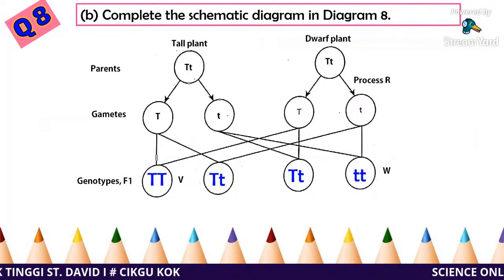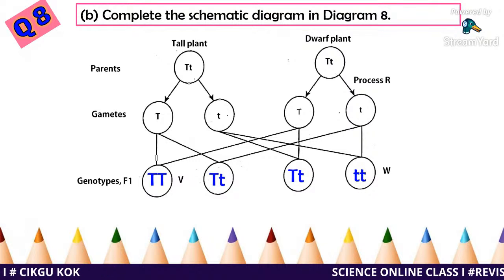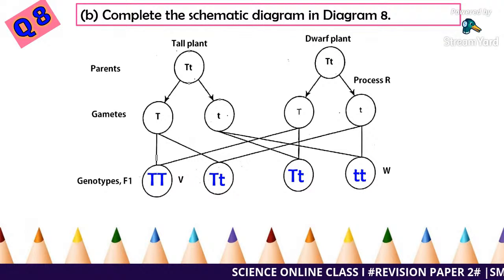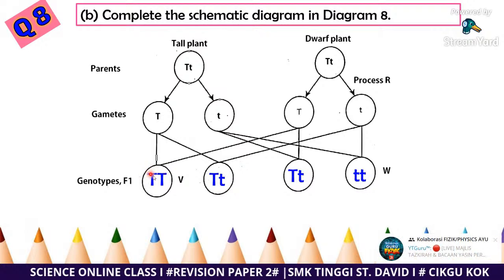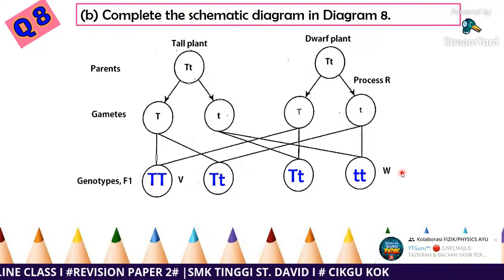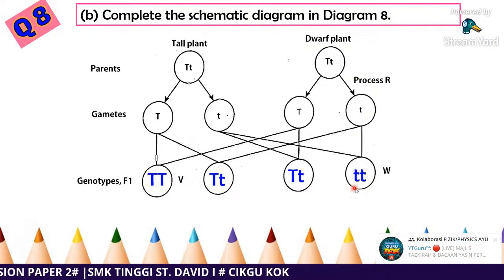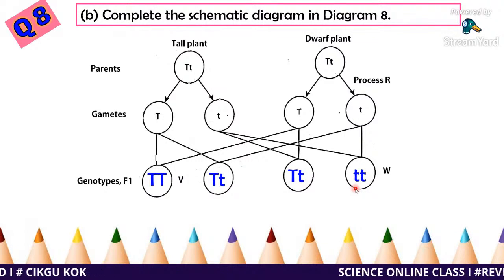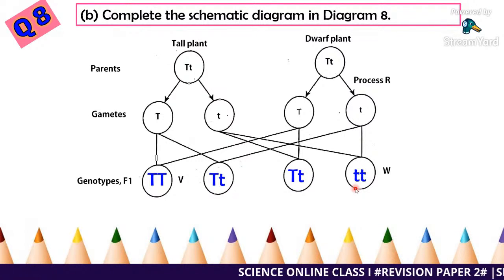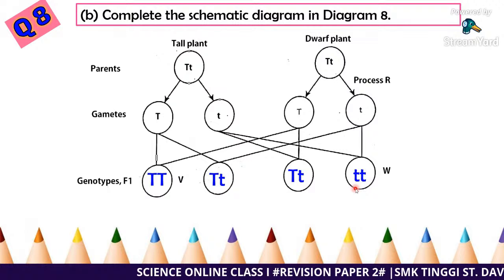After that, they ask how many dwarf plants will be produced. Capital T, both also T, and both also small t. Finally, you tell me, when they crossbreed, how many dwarf plants will you produce?